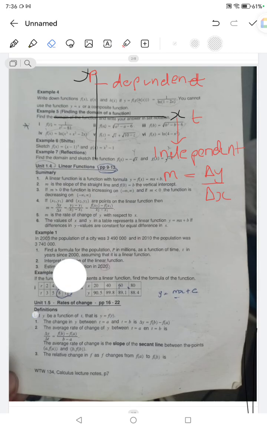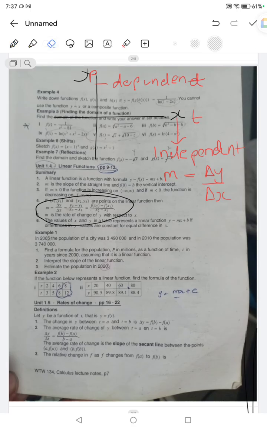Then the other thing that's left is for you to point out the points that you're going to be having, because in order for us to calculate the slope, or the m, we are supposed to have 2 points. From those points we're going to have our y2, y1, x2 and x1.